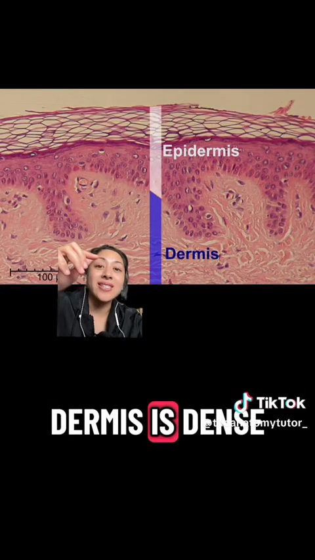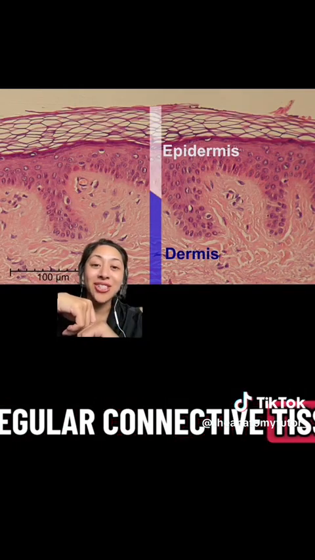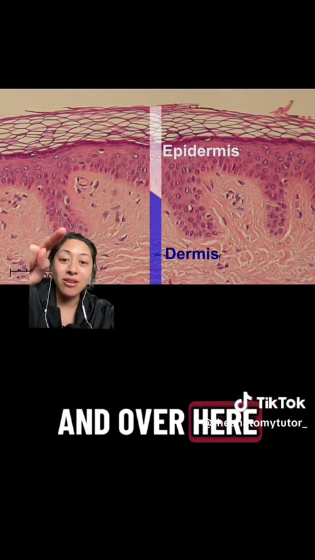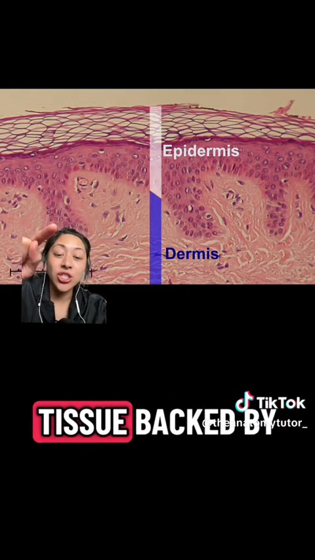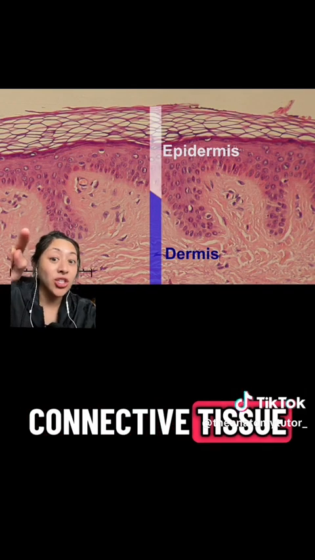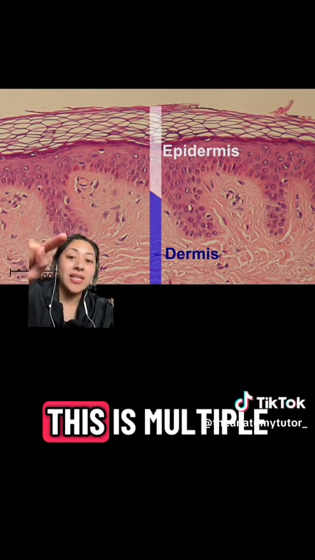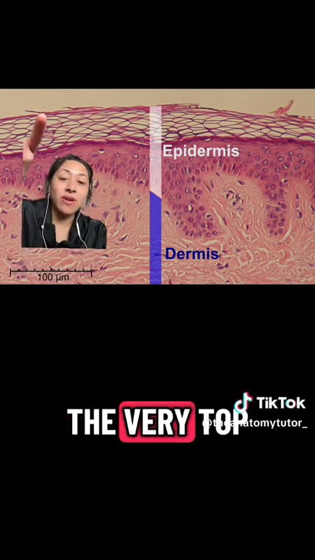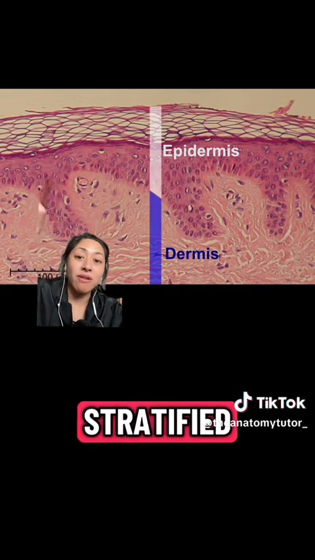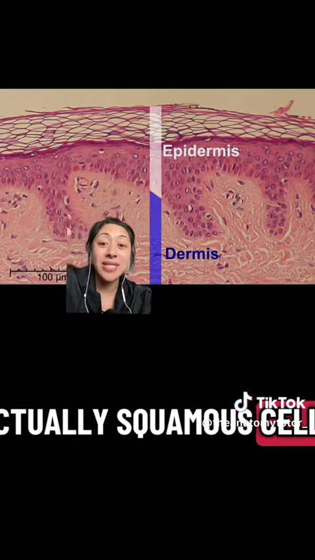The dermis is dense irregular connective tissue, and over here, since there's epithelial tissue backed by connective tissue, we know that this is multiple layers going to the very top, so multiple meaning stratified, and these are actually squamous cells, believe it or not.